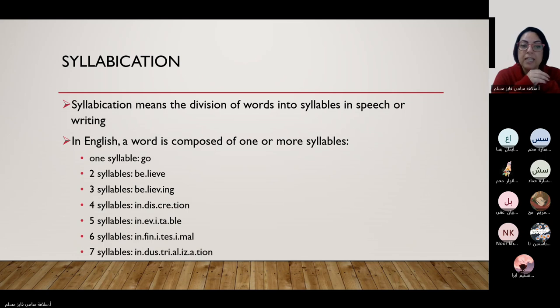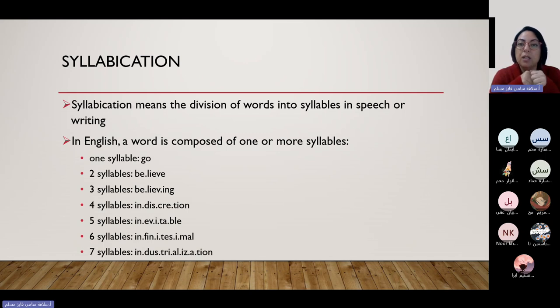Okay? In English, we have one syllable words, like the verb go. It could be two syllables, believe. شايفين كيف أخذت نفس بين believe. Okay.